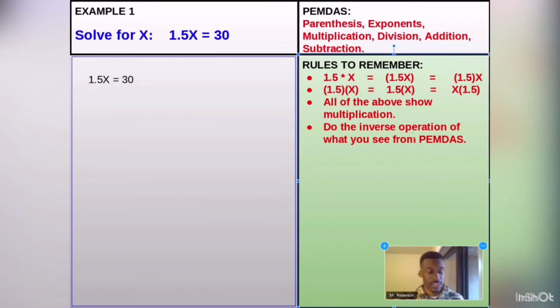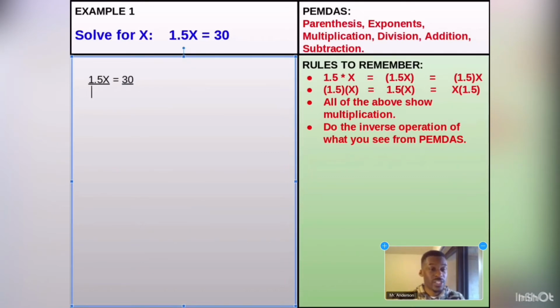So in this case, what we saw was multiplication right here. So because we saw multiplication, we're going to do division, okay? So let's use this division sign, or some people say fraction sign. All right, we're going to put this in place. Now we're going to divide by the leading coefficient.